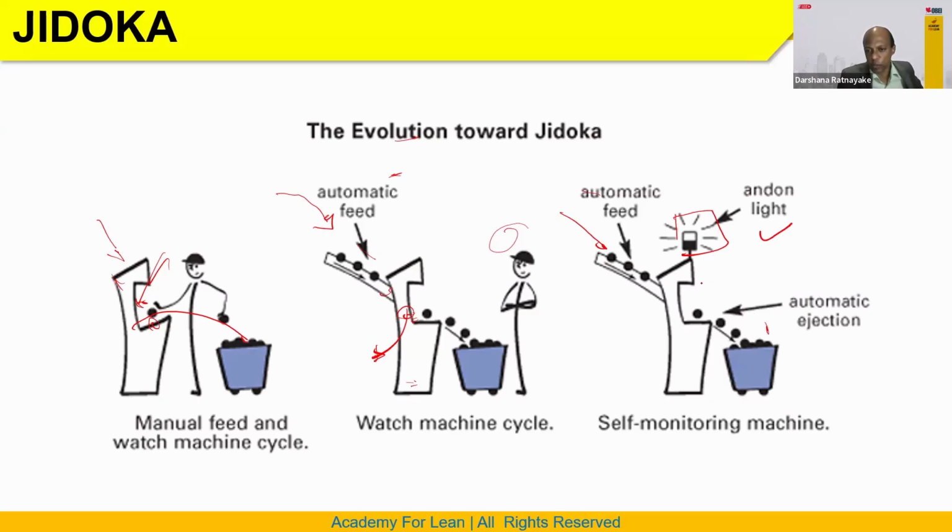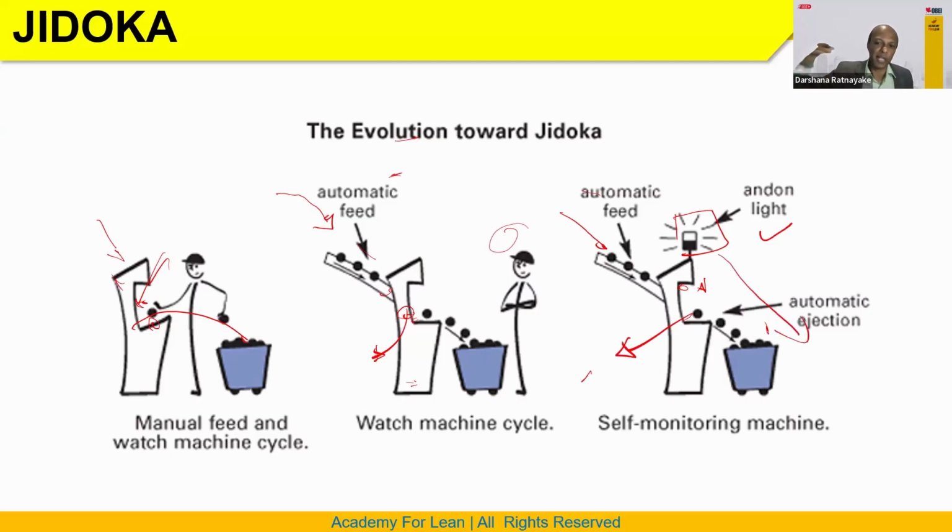The machine also stops, same as an embroidery machine, and we need to go and correct it. But at the real Jidoka level, you do not need to correct it. If a defect comes, it is rejected by the machine automatically and only the good product passes through.